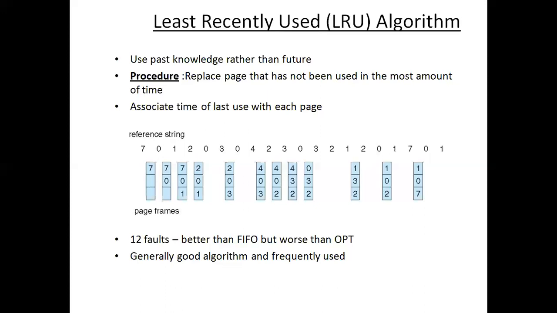You just make it the victim and do a page in. By understanding the basic concept of page replacement, we incorporate the different techniques that we can apply: first in, first out, optimal page replacement, and least recently used.